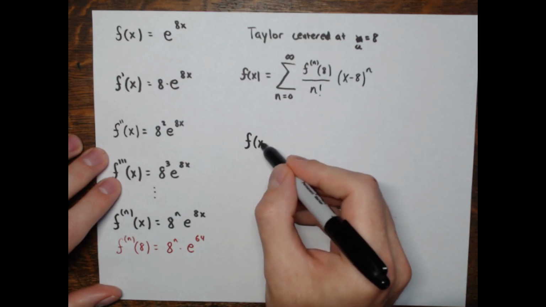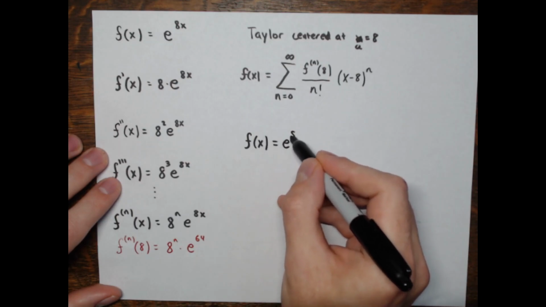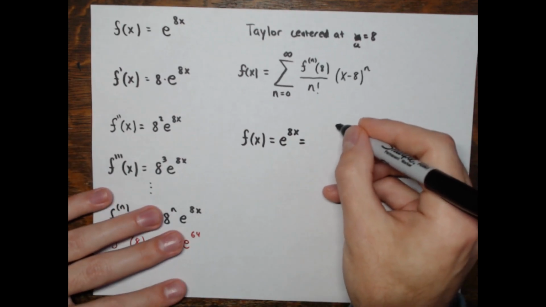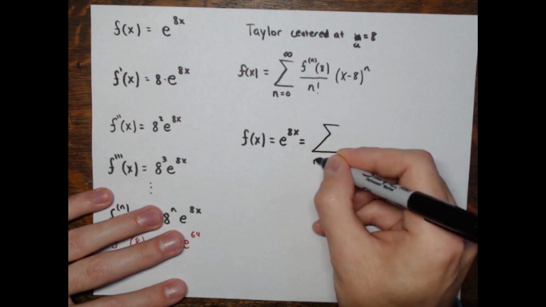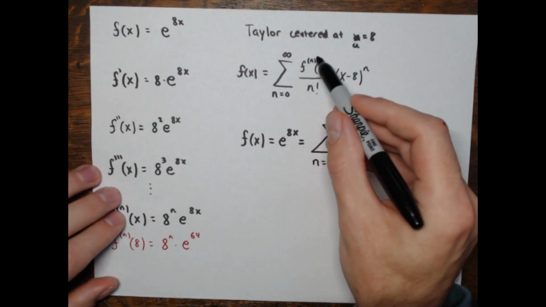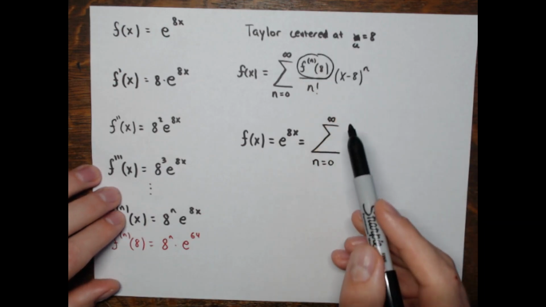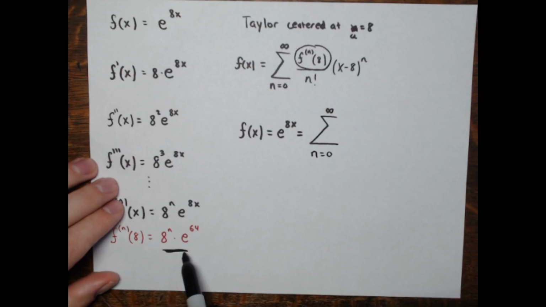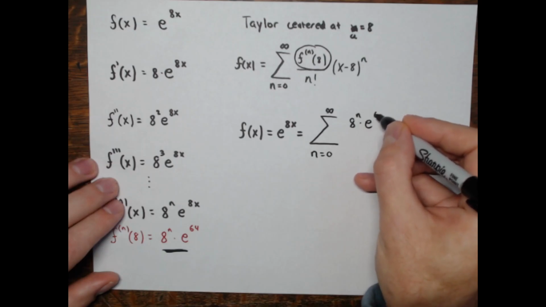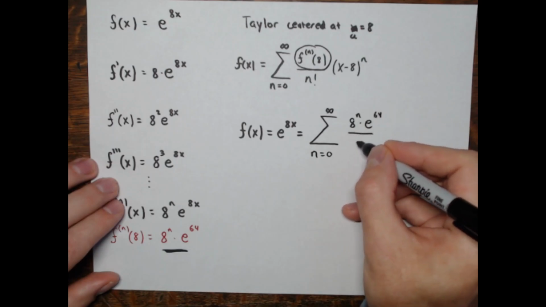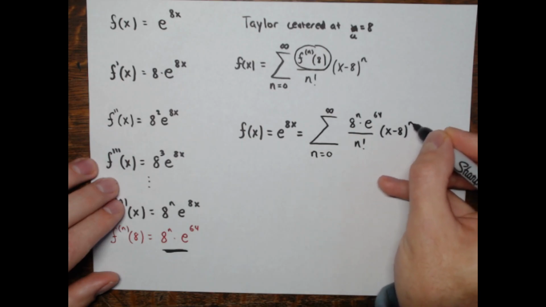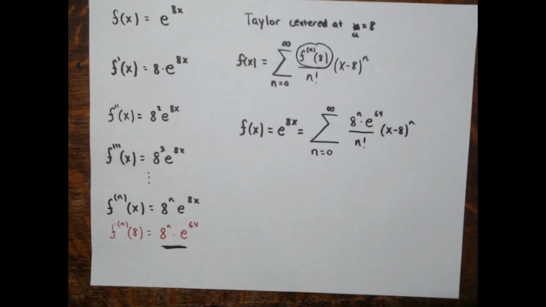Here's the series for e to the 8x centered at x equals 8. It'd be the sum from n equals 0 to infinity of, and we just saw the value of the nth derivative at 8 is this, 8 to the nth times e to the 64th divided by n factorial, and then times x minus 8 to the nth. There's our Taylor series for this function.